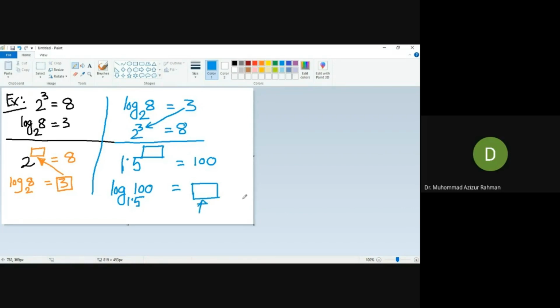Can anybody do this calculation? Log base 1.5 of 100 is 11.4. If we do 1.5 to the power 11.4, we should get 100, the same thing.